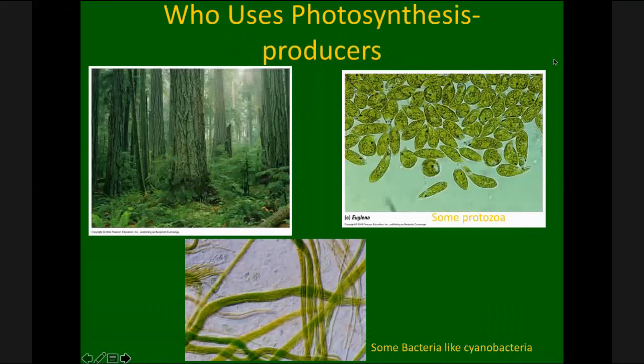All right. And who's using photosynthesis? We oftentimes will say plants, right? Which is great, right? Plants are really important photosynthetic organisms on Earth, but keep in mind they're not the only photosynthetic organisms on Earth. We have a lot of unicellular eukaryotes that are also photosynthetic. So in this image here, you're looking at a euglenid.